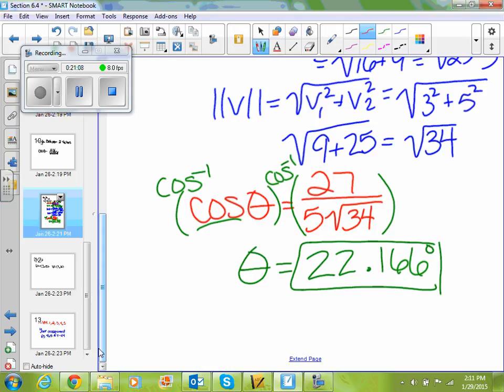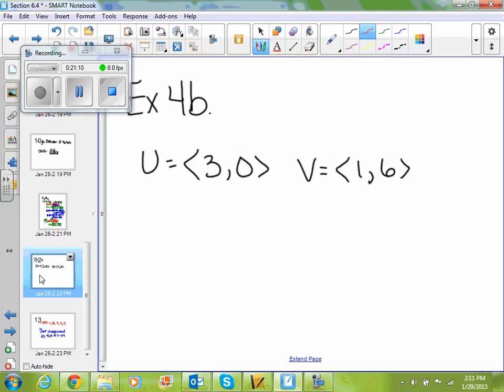Alright, so let's do one more like that, and then you'll start your assignment. So U is (3, 0), V is (1, 6). We want to find the angle in between them.